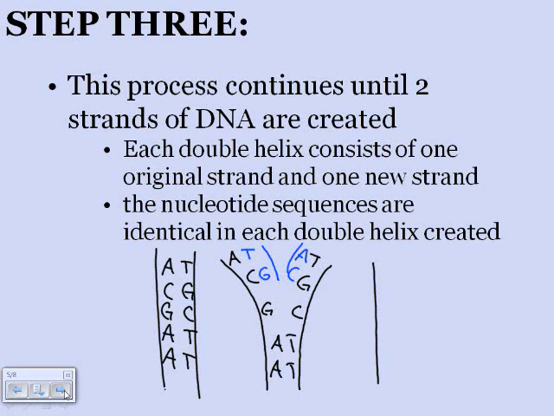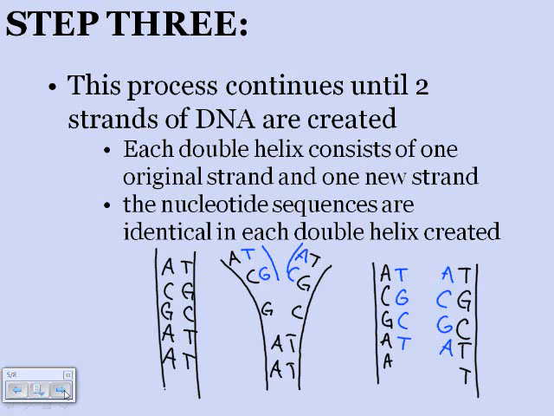So that when all was said and done, what we should have had would be two strands that were absolutely identical, but half old, half new. See how they're identical?